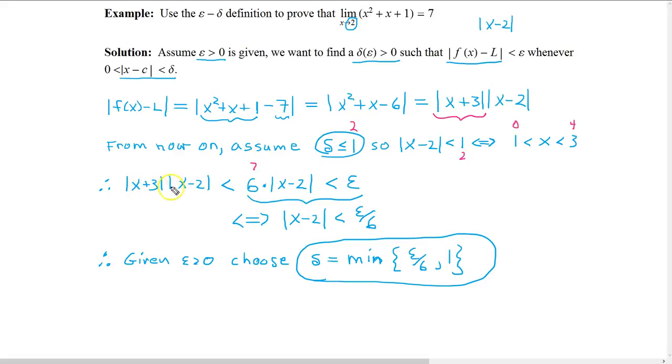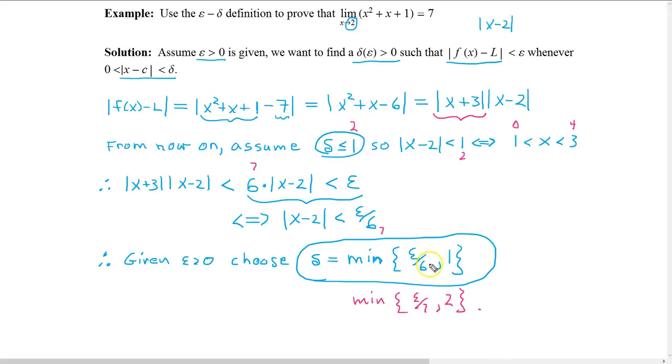You see, 4 plus 3 is 7 now. And this would have been epsilon over 7 instead of epsilon over 6. And our answer would have become the minimum of epsilon over 7 or 2.